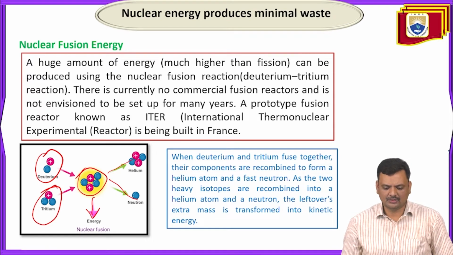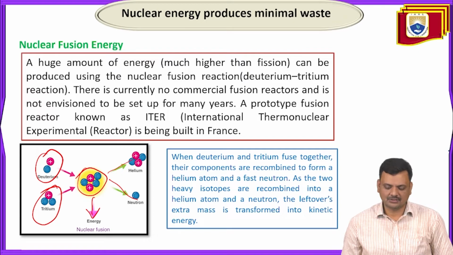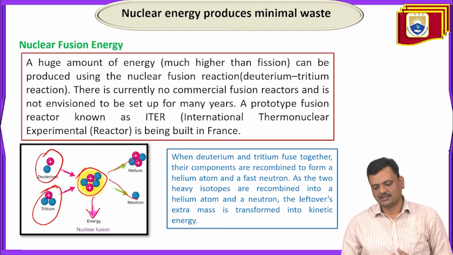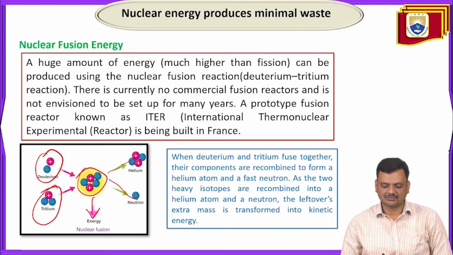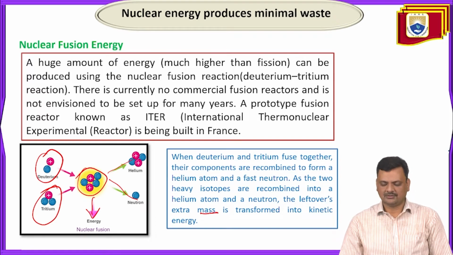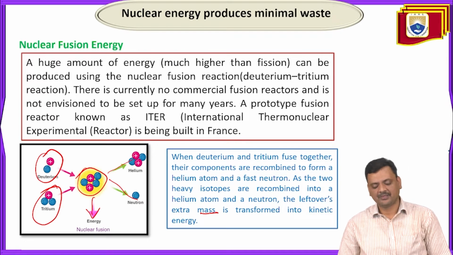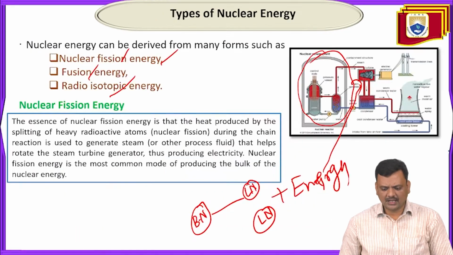When deuterium and tritium fuse together, their components are recombined to form a helium atom and a fast neutron. As the two heavy isotopes are recombined into helium atoms and neutrons, the leftover extra mass is transferred into kinetic energy. The term mass is involved here, which I will discuss later. What happens in both fission and fusion?